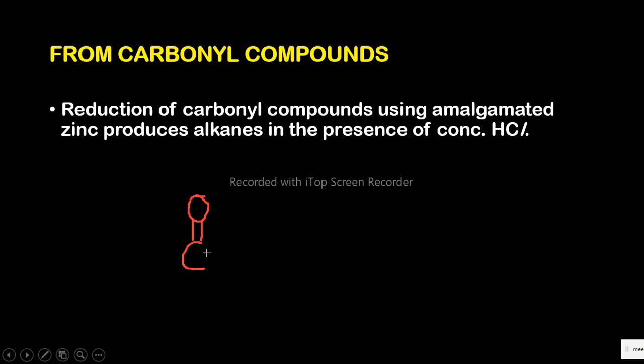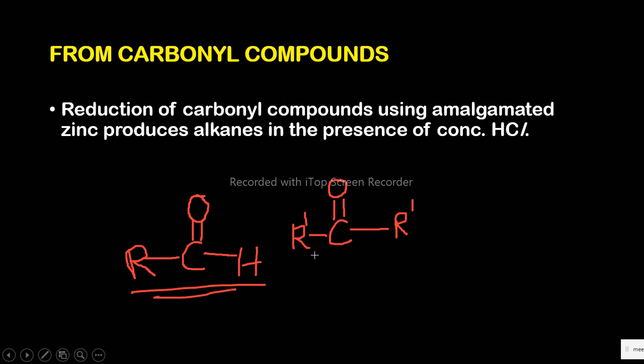This side the carbon is bonded to hydrogen, and that side the carbon is bonded to an alkyl group, or the carbon has oxygen and is bonded to an alkyl group this side and also an alkyl group that side. If you have such a compound, then that compound is a carbonyl compound.